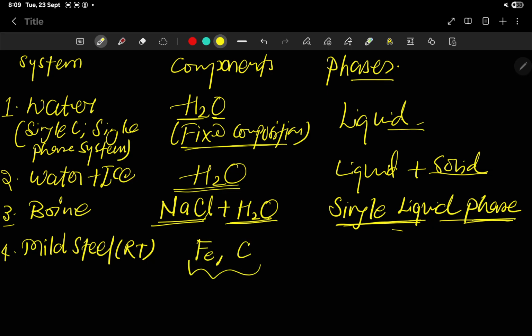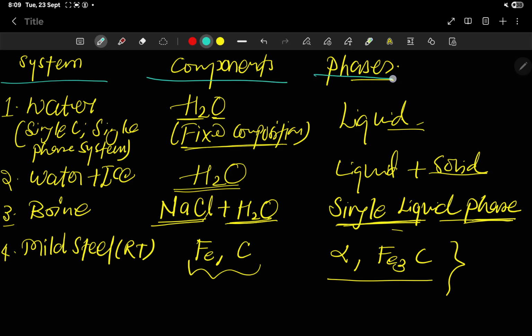We will have two components, and what phases will be there? We have alpha phase and Fe3C phase. These things we will explore in future. I hope it is clear to you how we define system, how we define components, how we define phases.